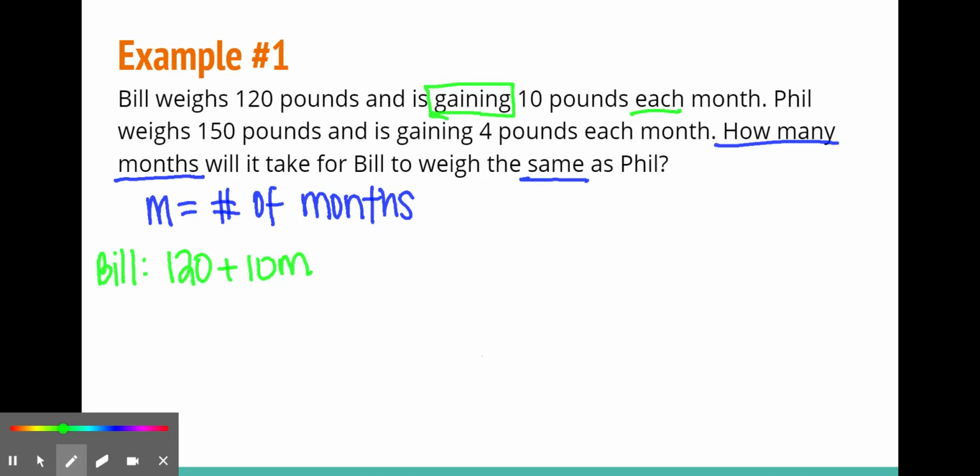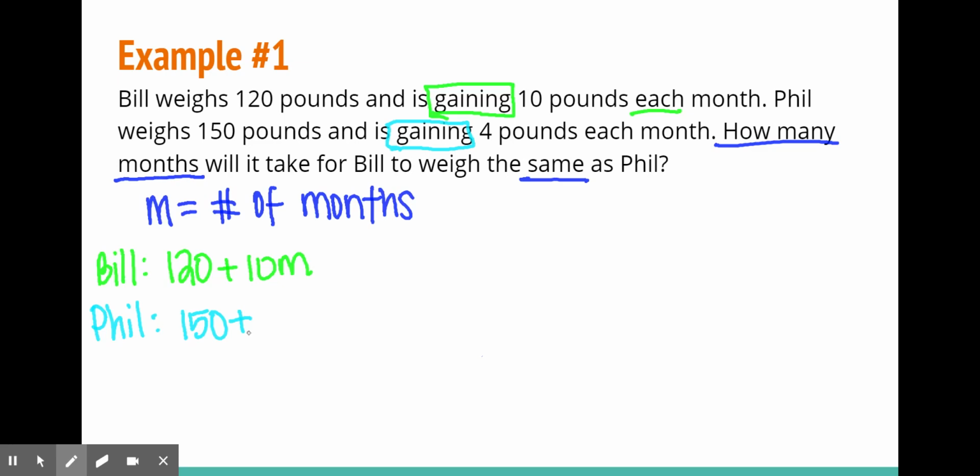Now I need to do the same thing for Phil. Phil weighs 150 pounds. And he's gaining again, so he's going up in weight. We're adding weight, 4 pounds each month.